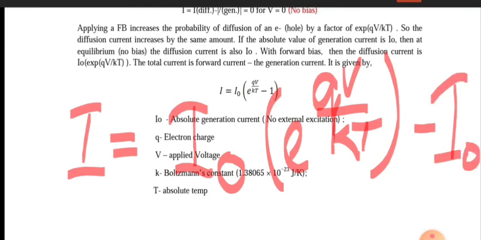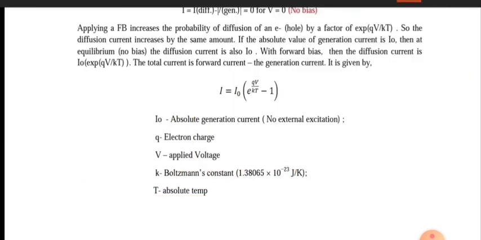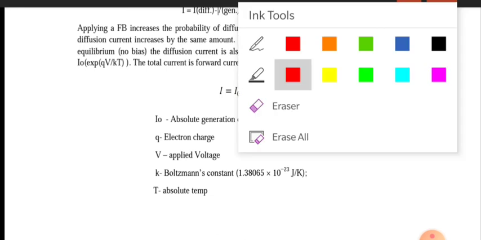So together, the total current under forward bias is I equals I naught into e raised to qV by kT minus 1.